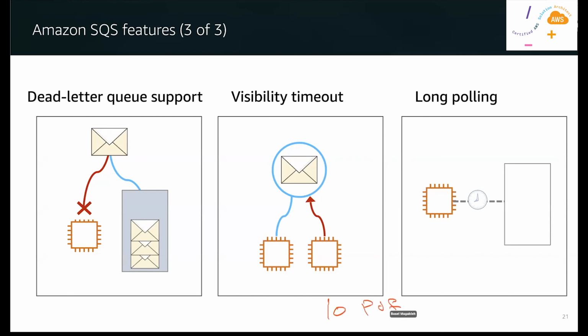The third feature is long polling. With long polling, for example, if the producer in our example generates 10 PDFs per second and the consumer can read 2 PDFs per second, this means the producer generates more PDFs than the consumer can handle.